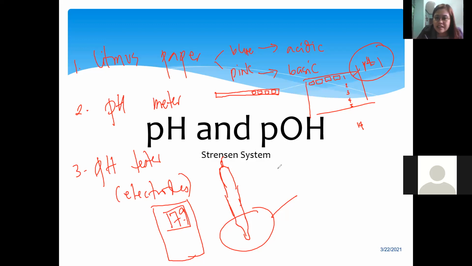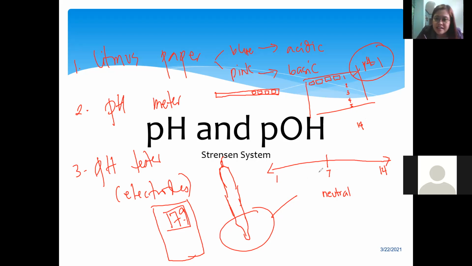Now sa Sörensen system kasi class, the pH is from 1 to 14. So kaya yung pH meter kanina na sinasabi ko, may number ka dyan, 1 to 14. So this is 7 here, and 7 is considered neutral. So again, in Sörensen system, if you have a pH of 7, your solution is neutral.